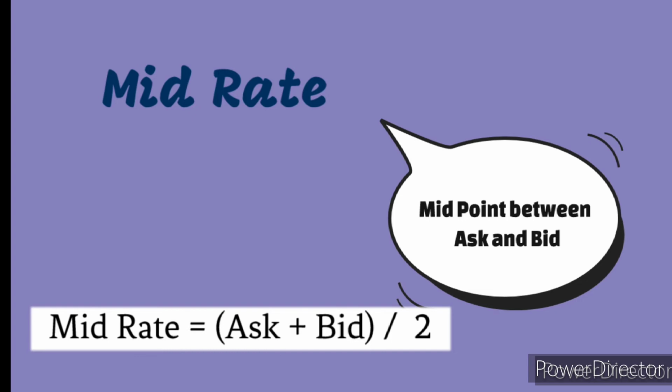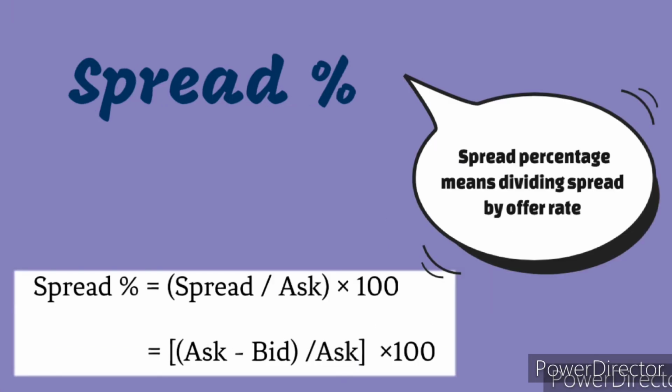So this is the average or midpoint between ask and bid. Third is spread percentage. This is spread upon ask into 100. So ask minus bid upon ask into 100. So it will be expressed in percentage form.